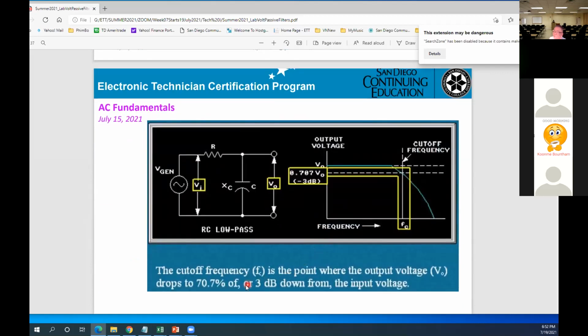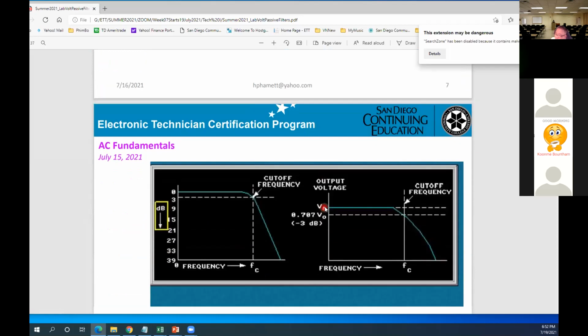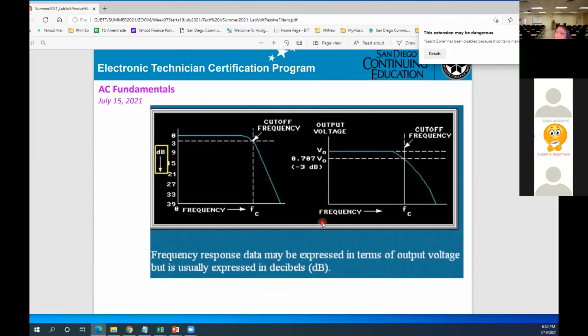Now, the cutoff frequency is the point where the output voltage drops to 70.7%, or minus 3 dB down from the input voltage. That's what we already told you.